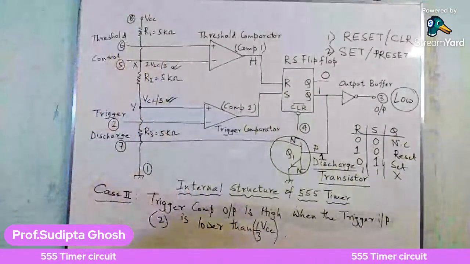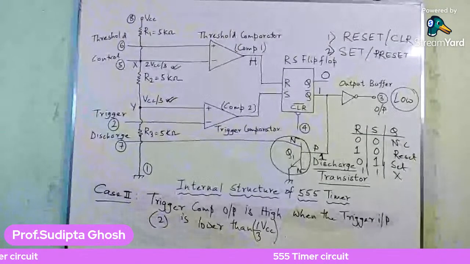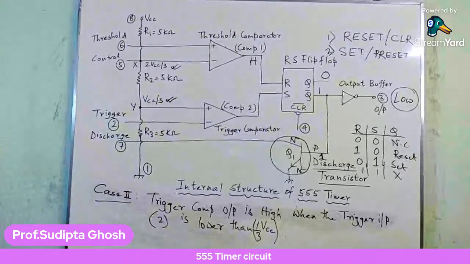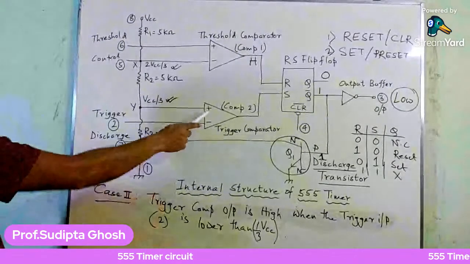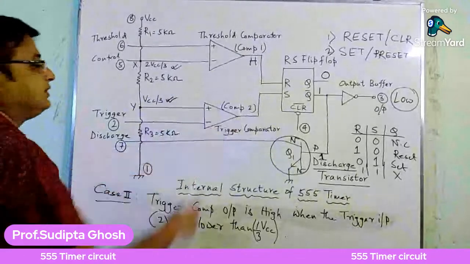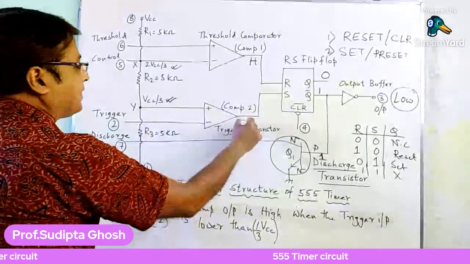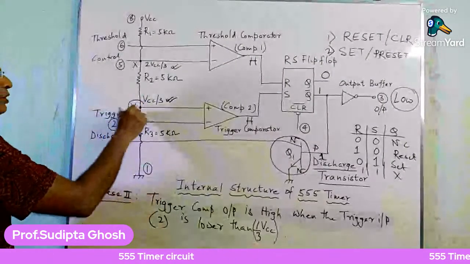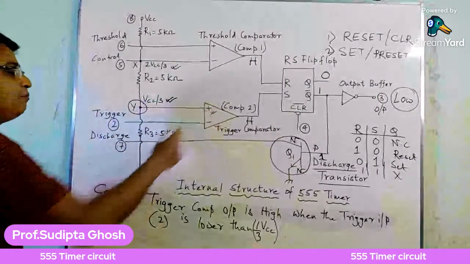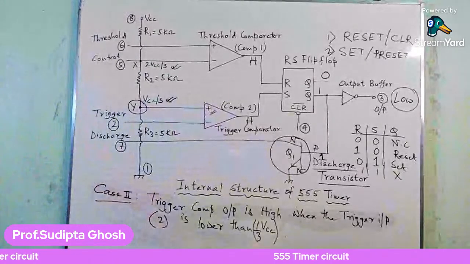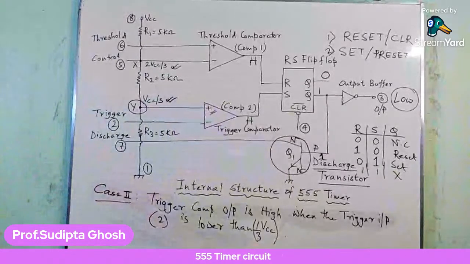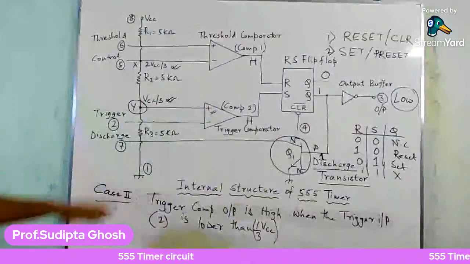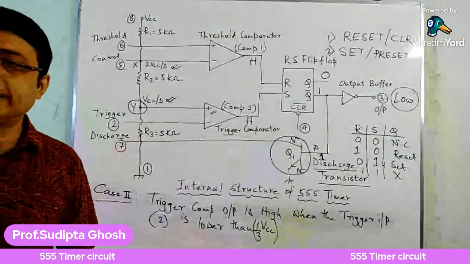We have already discussed a lot about the comparator circuit. When the comparator output goes high, that means the non-inverting input should go above the value of the inverting input.